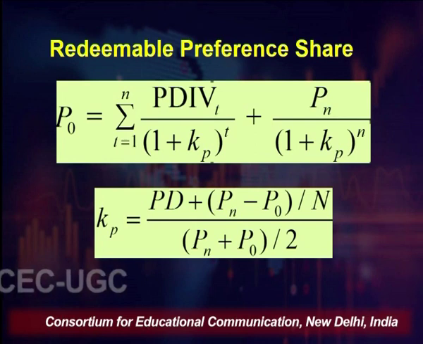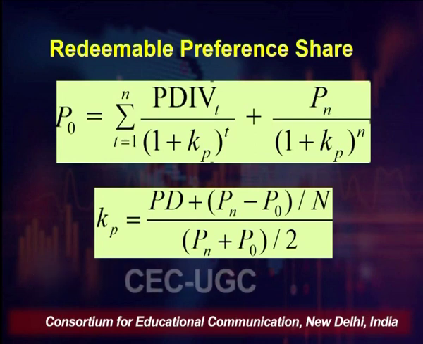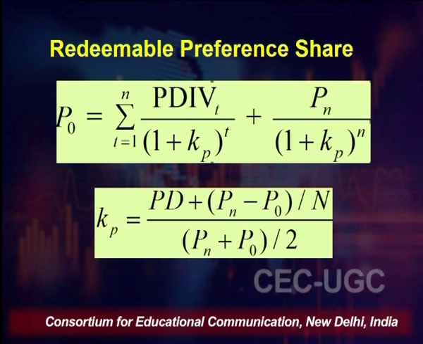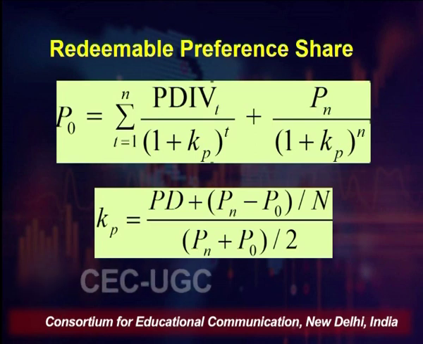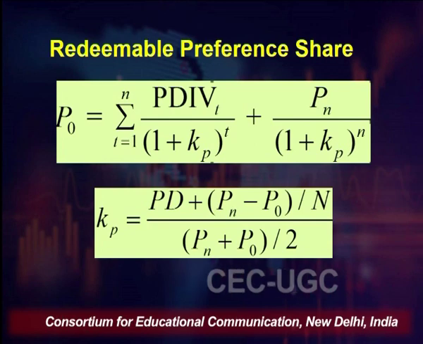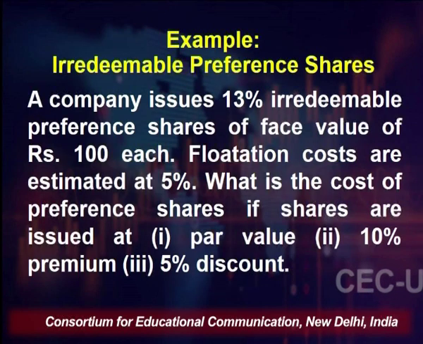P0 means at time 0, the value of whatever your source of capital at time 0. This has to be divided by n, and then the whole numerator will be divided by Pn plus P0 divided by 2, right. So, let us quickly understand this with the help of an example.